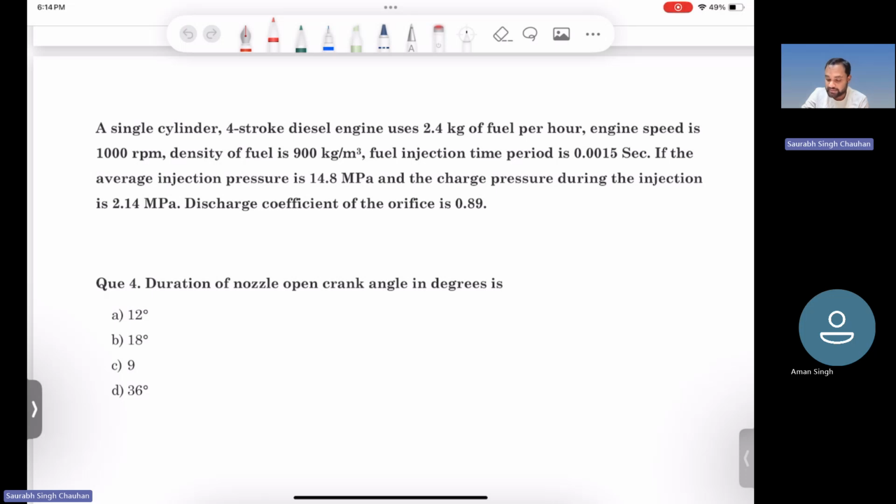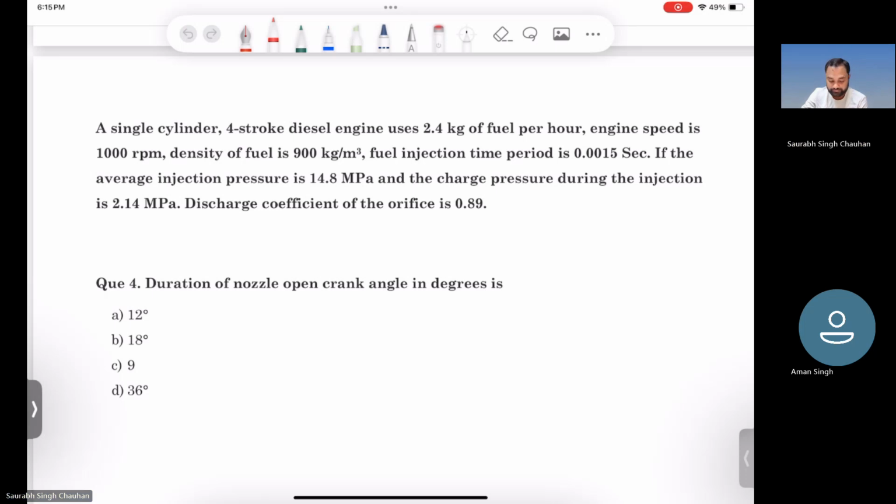Fuel injection time period is 0.0015 second or 1.5 millisecond. If the average injection pressure is 14.8 megapascal and charge pressure during the injection is 2.14 megapascal, the discharge coefficient of orifice is 0.89. The duration of nozzle open crank angle in degree is.